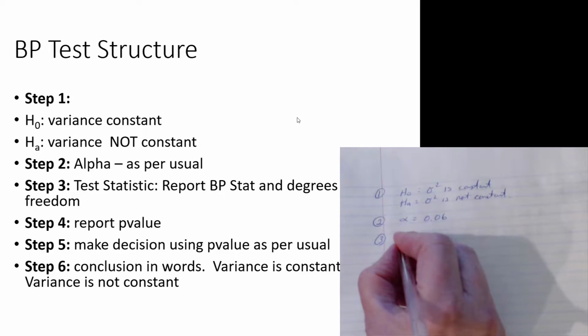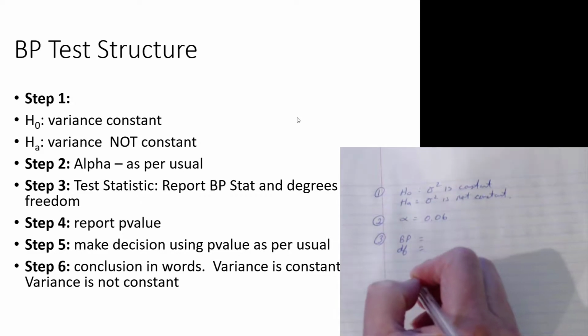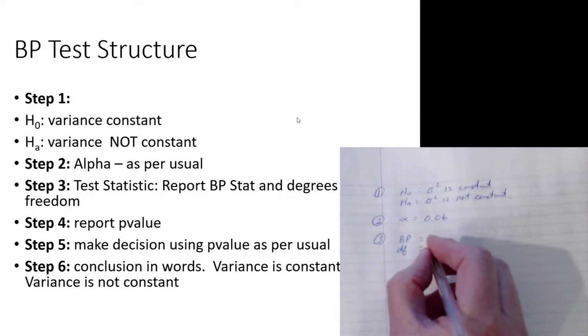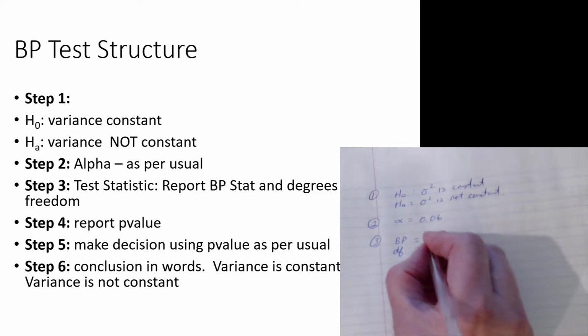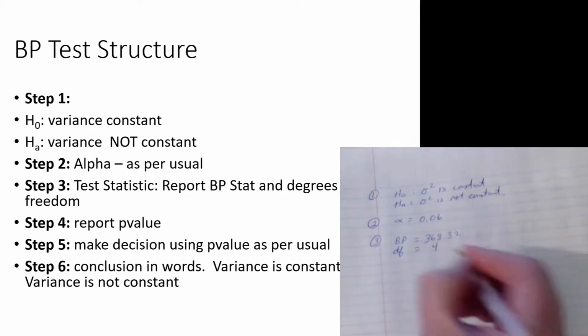Step 3, this is a Breusch-Pagan test statistic, and it has degrees of freedom. Practically, you would use R to find the Breusch-Pagan, or SPSS, probably R would be the most prevalent. As far as we're concerned, I'd provide it to you. If I provided it to you, it would be a really, really big number, in this case 368.32 with degrees of freedom of 4.